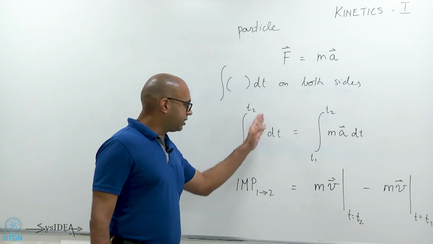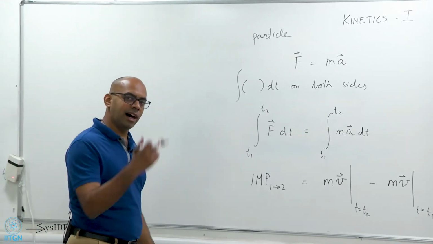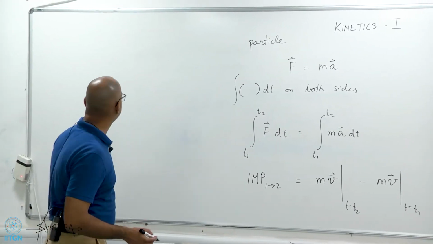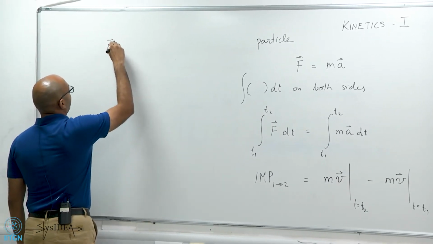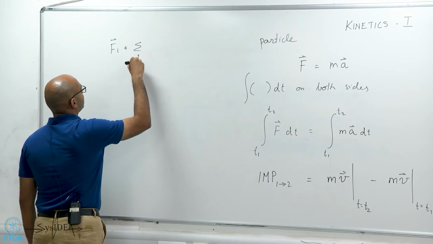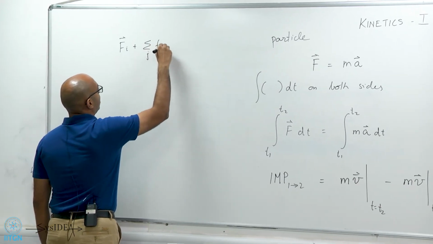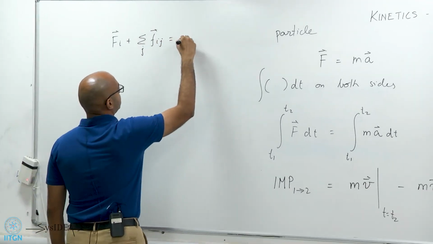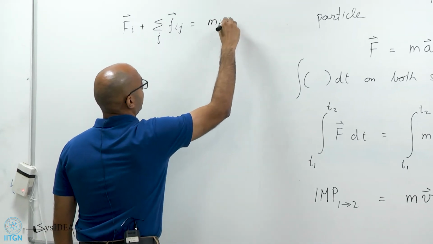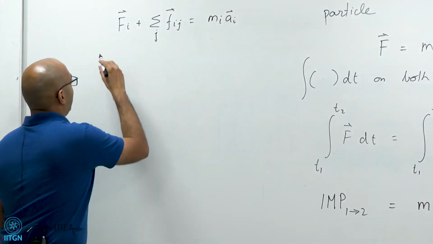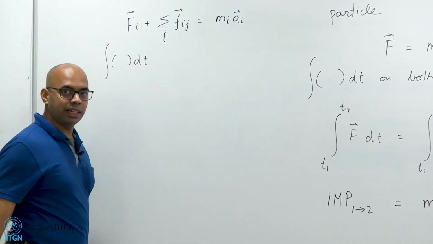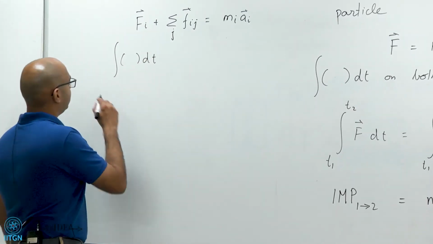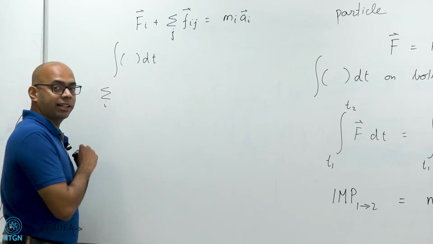Now, I can take the same approach again for our system of particles. I go back and write Fi plus the sum over j of Fij is equal to mi ai. Again, I integrate dt on both sides, and then I sum over i particles.